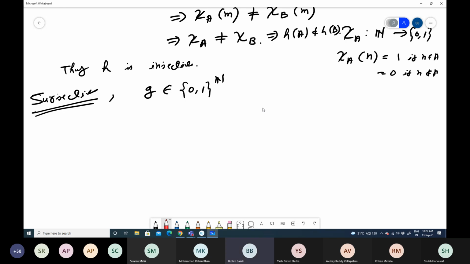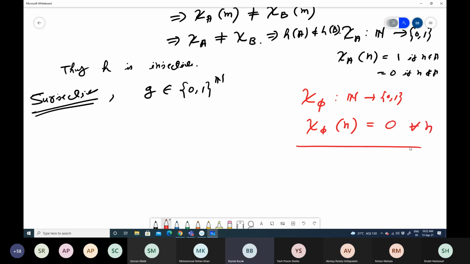If you take the empty set, that will not go to G, right? What is the empty set? Chi of the empty set is a function from natural numbers to {0, 1}, right? Now what is that function? All the elements are 0 for all n. So this is basically the zero function.